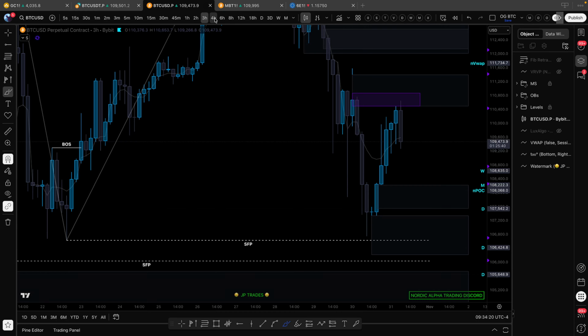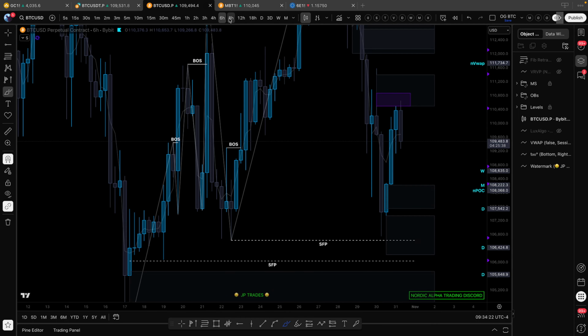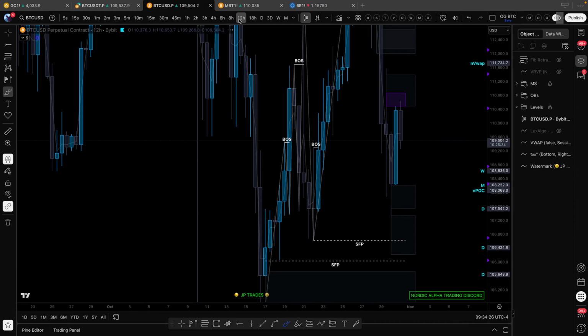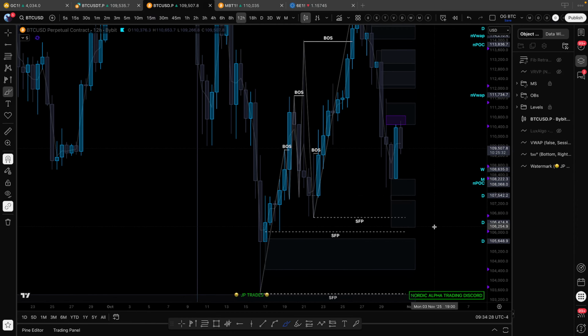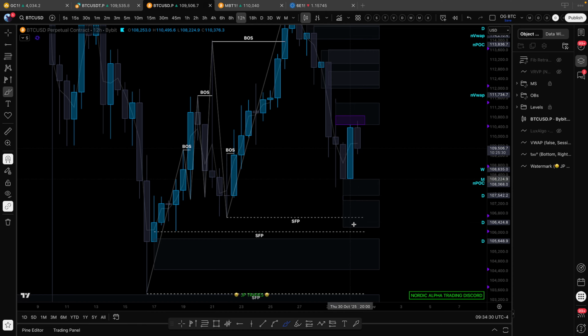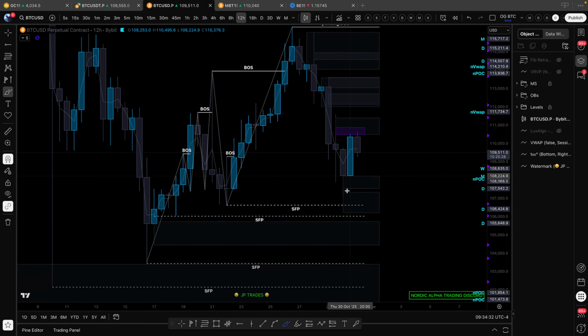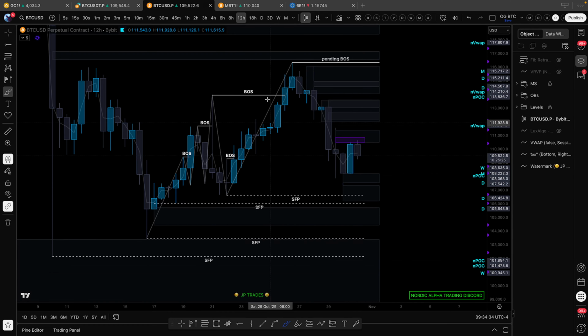But what matters more than the 4 hour is the higher time frame. So when we look at the 6 hour, the 8 hour, the 12 hour, all of those have given us a very strong SFP. So we're going to continue the bias of this range to continue up.